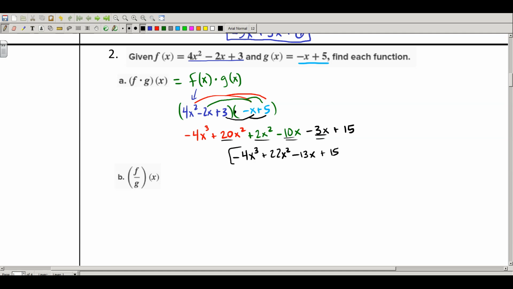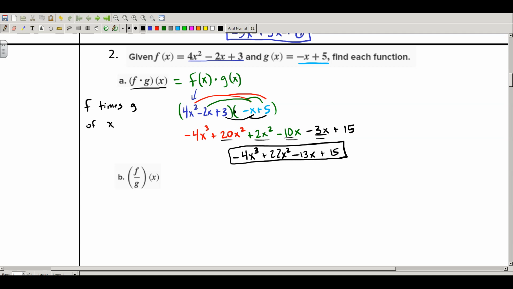So our final answer is right there, and that is what f times g of x reads as. All right, so that's how we multiply.